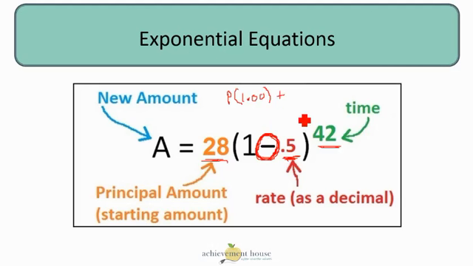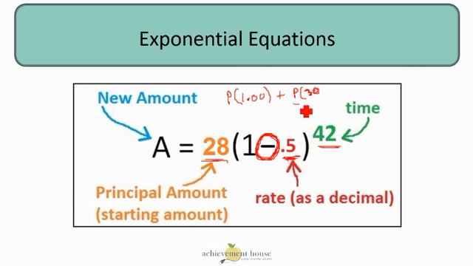And added to that, of what I had in there to begin with, I'm going to have a certain percentage of it. Let's say I changed it to 30%, but whatever your rate is, 30% of what I started with.